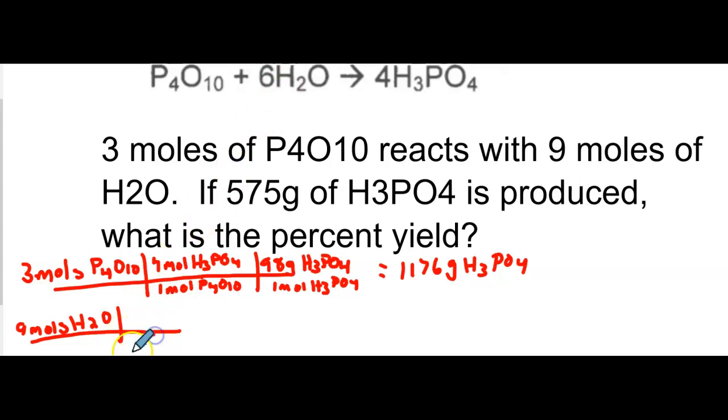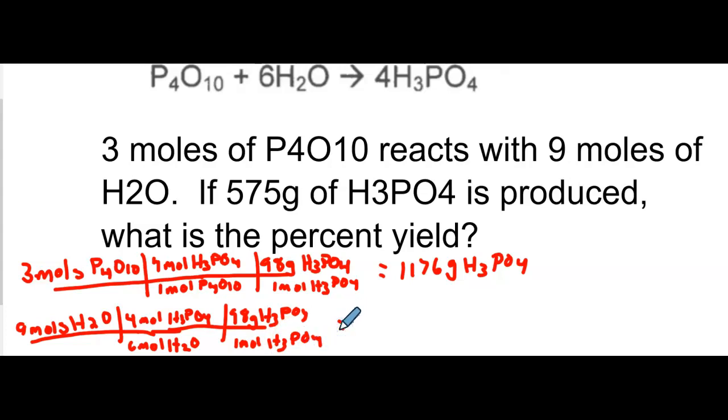Okay, so we've got 6 moles of water to 4 moles of H3PO4. We'll do our molar mass of H3PO4 to our 1 mole of H3PO4.